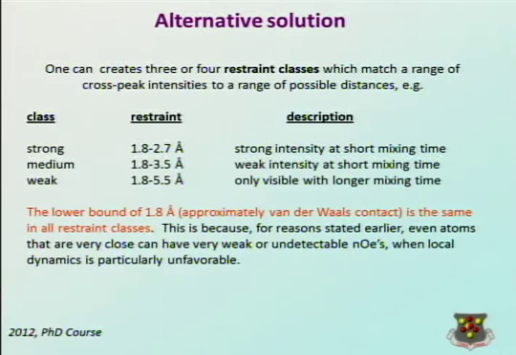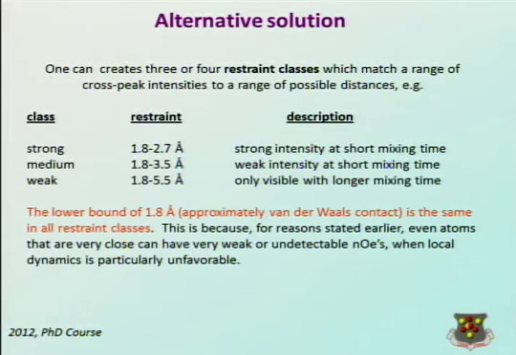If it's lower than, I don't know, 10,000, it's a weak peak, and in between it's medium. And you just assign the upper distance limit to be either 2.7 or 3.5 or 5.5. The lower limit is 1.8, which is the sum of the van der Waals radii, so it's really not informative.